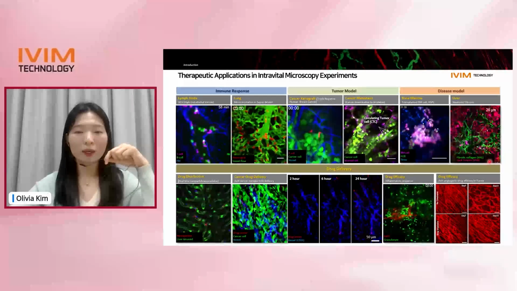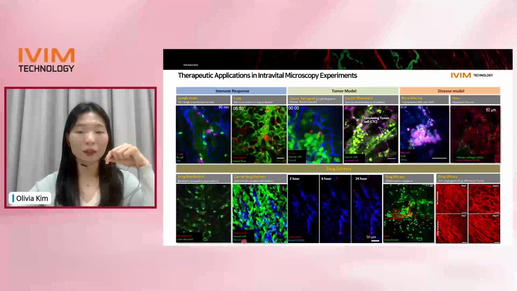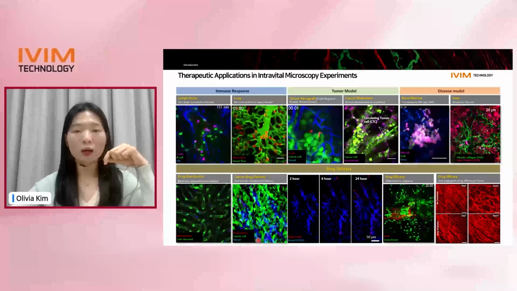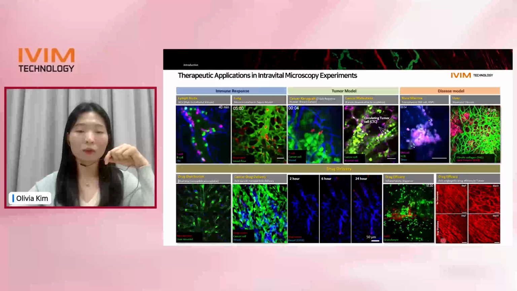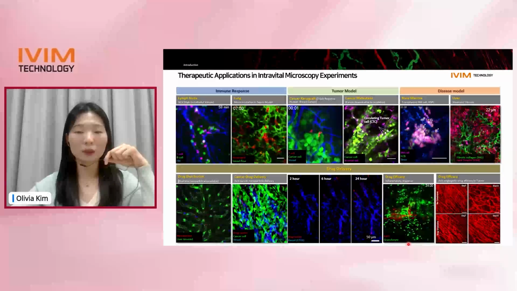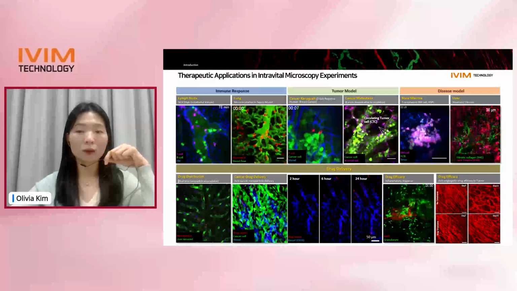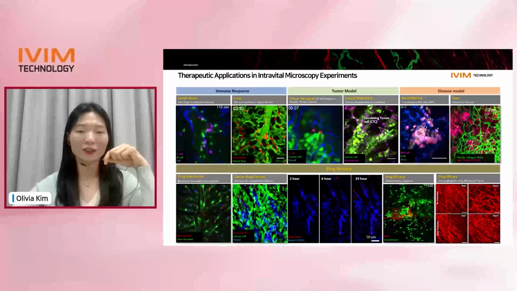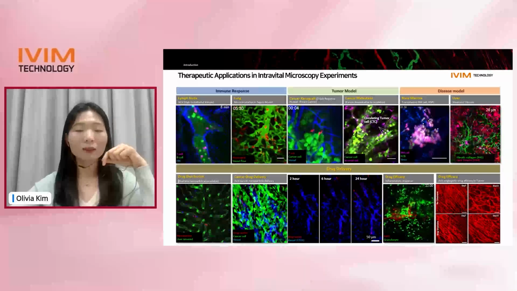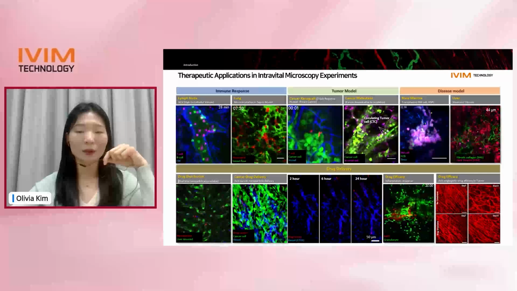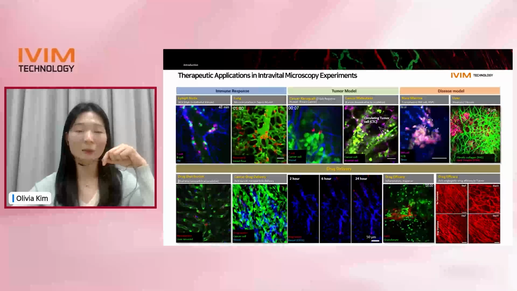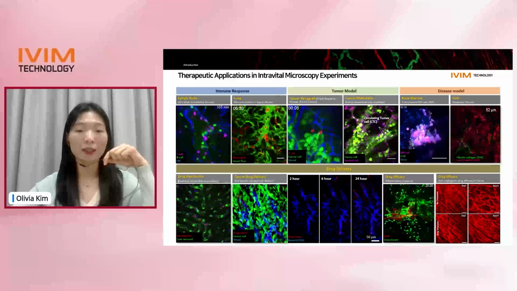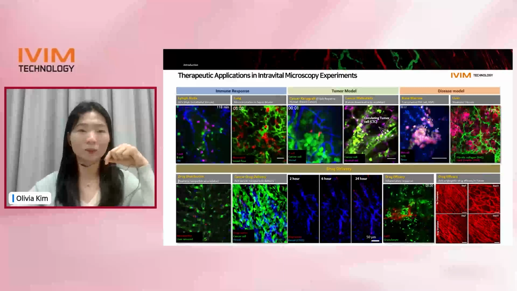In addition, we can visualize how anti-cancer nanoparticles traffic toward tumor sites over time, or how the behavior of immune cells responding to inflammation changes following the administration of immune modulatory agents. Importantly, all of these processes can be monitored longitudinally in a single mouse, allowing for long-term within subject observation of dynamic biological events.